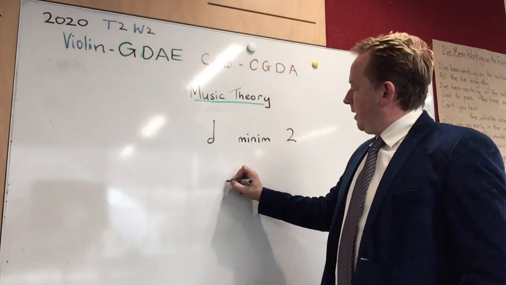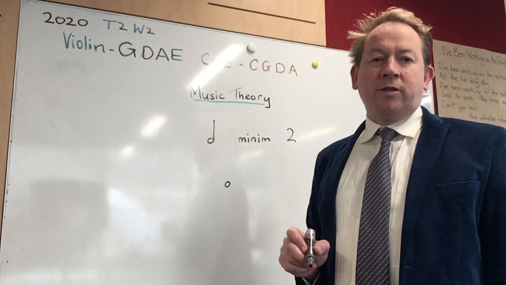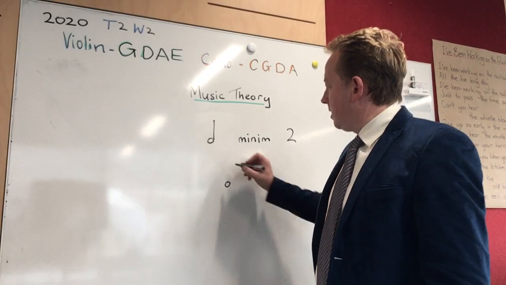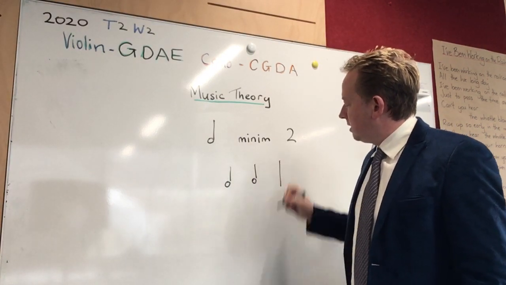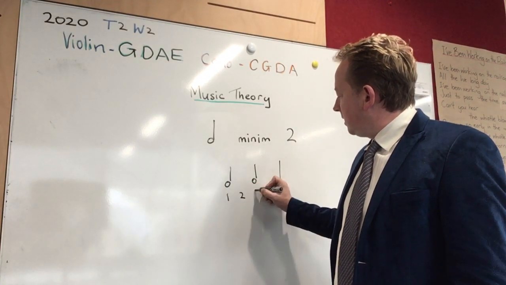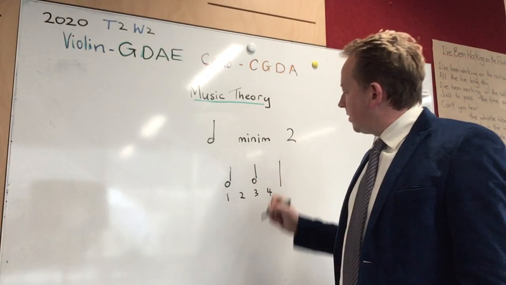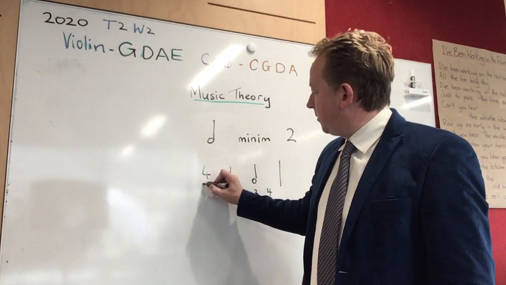How many minims could I have in a bar of 4, 4? Well, if you thought it was 2, you're right, because they last for 2 beats. So I can only have 2 of them in a bar of 4, 4.